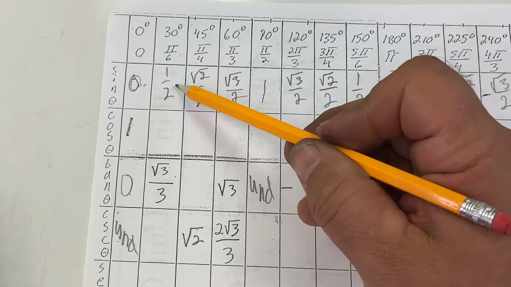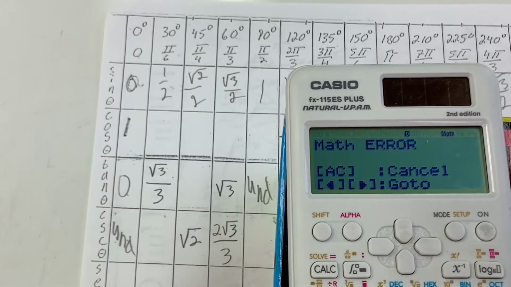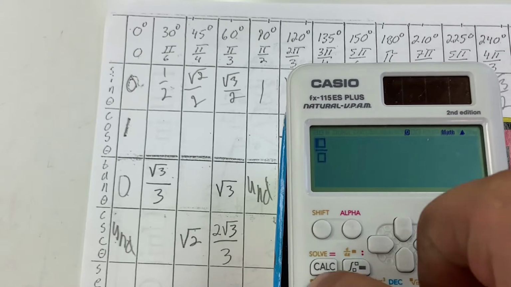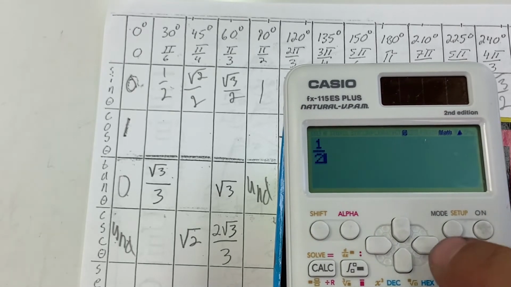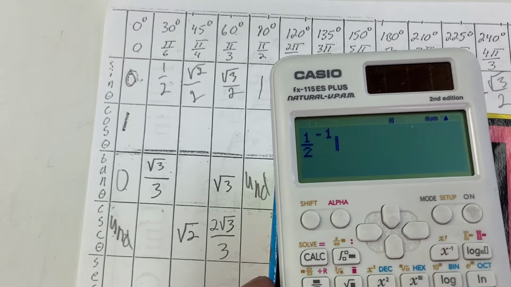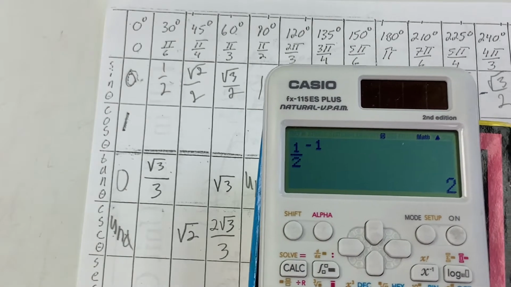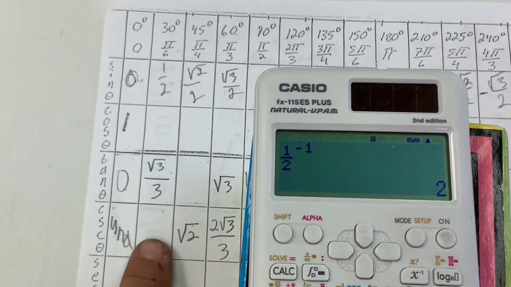So I'm going to type in 1/2 and then hit the x to the negative 1 button. I'm going to AC this out. I'm going to type in 1 divided by 2, and then hit that x to the negative 1 button, hit equals, and it kicks out the answer, 2. So this spot here is 2.